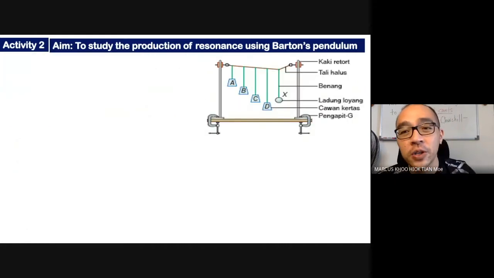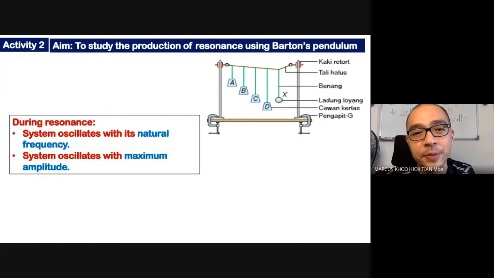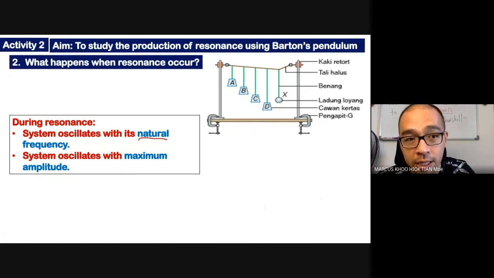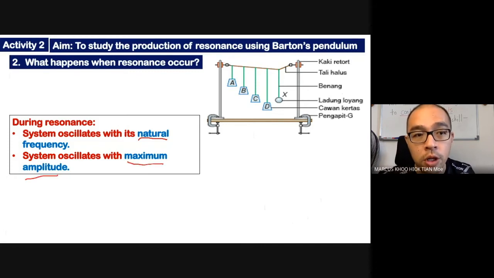So during resonance, the system oscillates with a natural frequency, and when the system oscillates with natural frequency, the system will oscillate with maximum amplitude. Two very important things happen when there are things that resonate. When the system is resonating, the entire system will oscillate with its natural frequency.